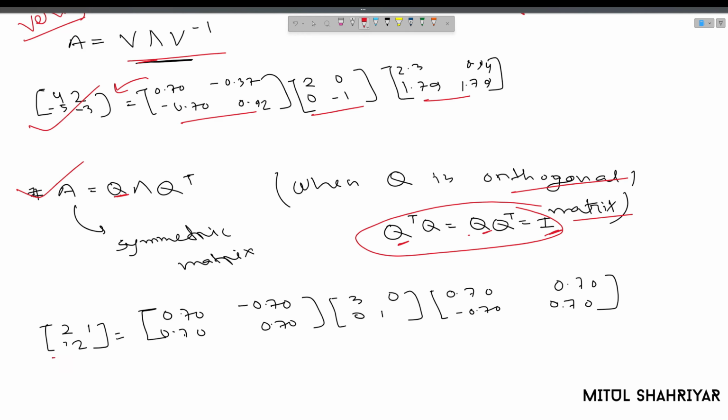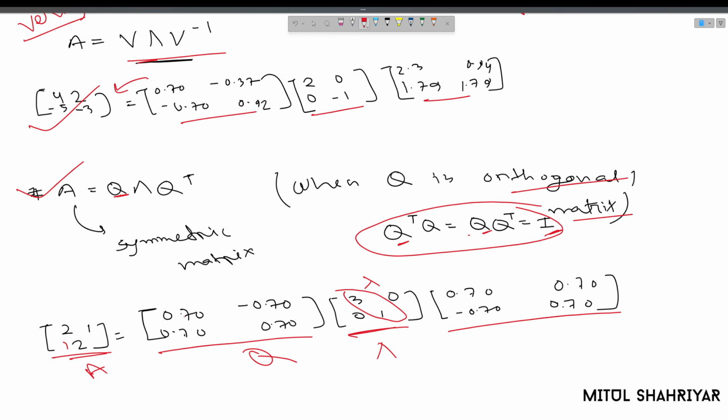Now for example, if we have A, which is 2 1 1 2, we can decompose it into this, which is Q. This was lambda, 3 and 1, but using that we have formed this uppercase lambda, and this is actually the transpose of Q. Let me show you.